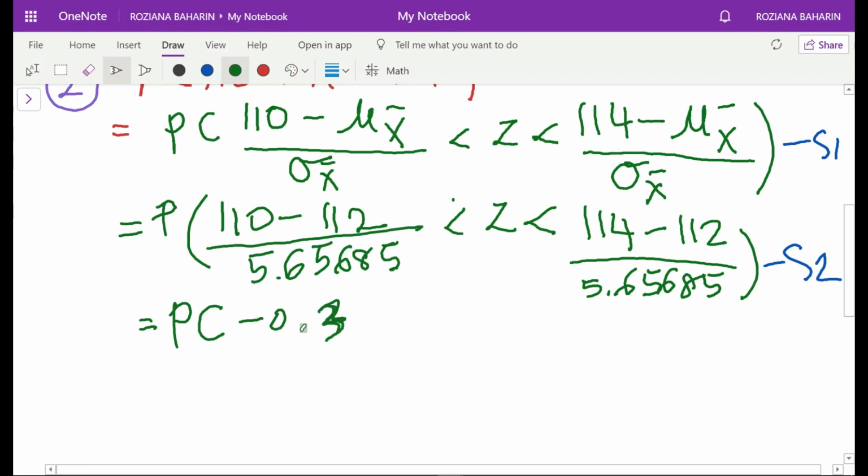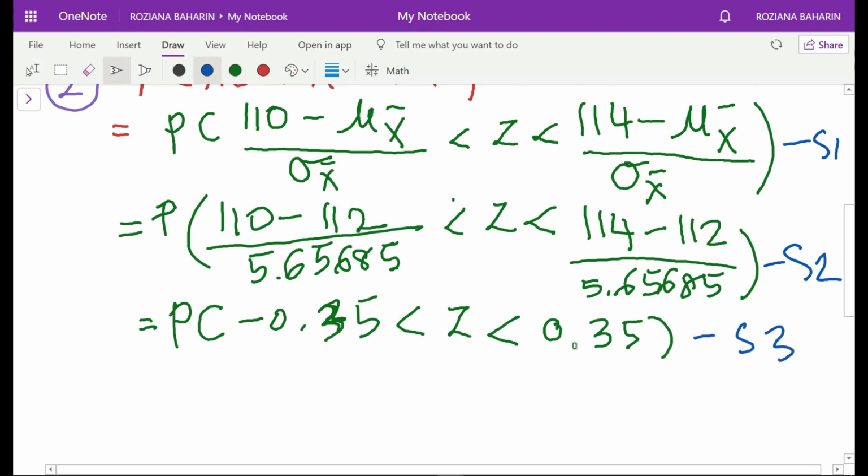On the right hand side, you should be getting 0.35. This is your step 3. You already have the values you need to find from the Z table.